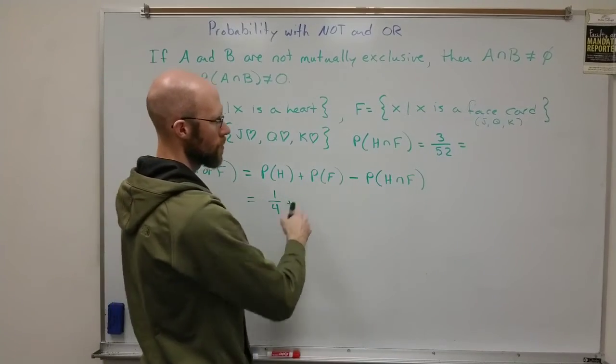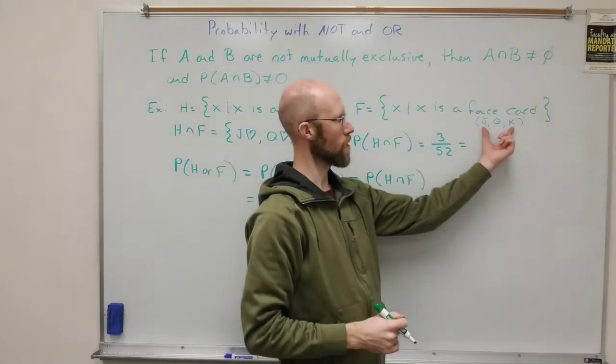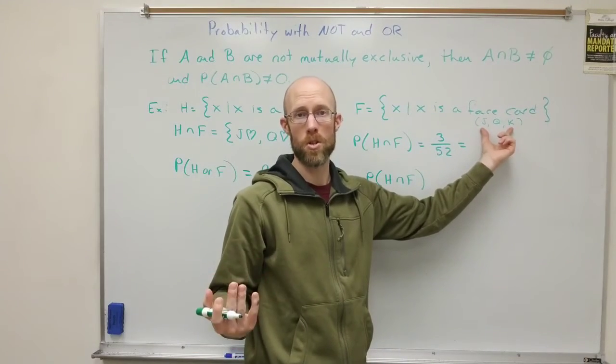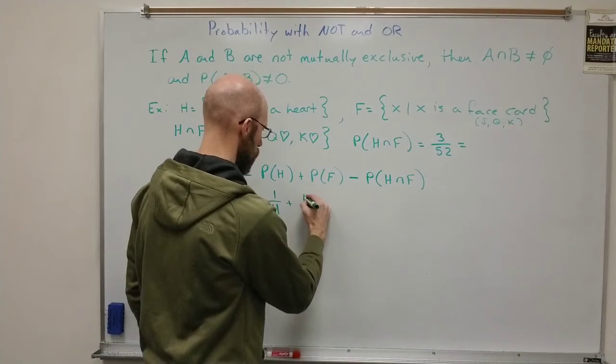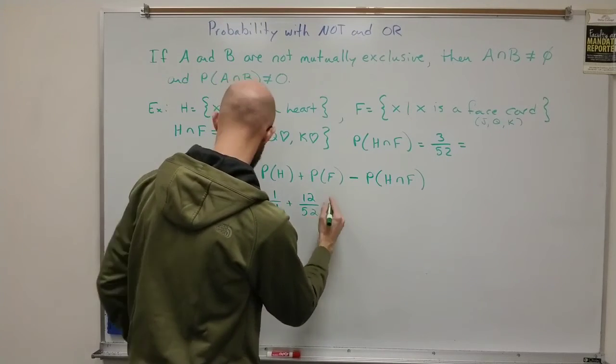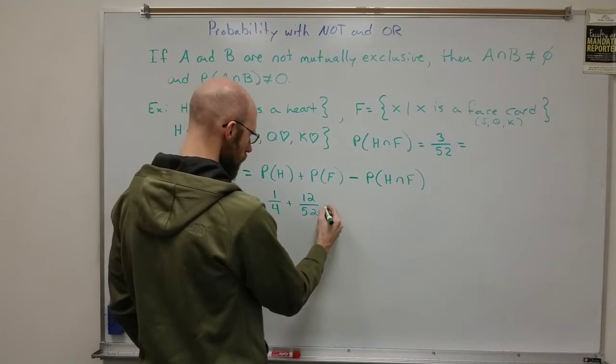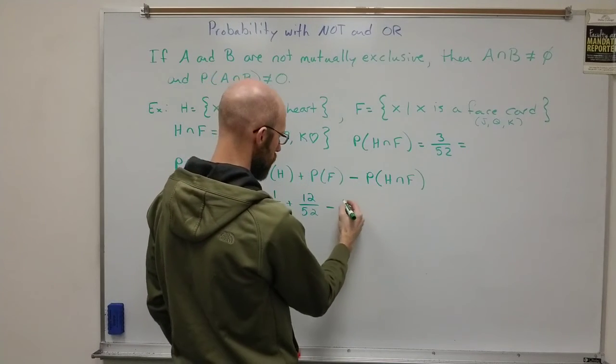The face cards, if you think that one through, there are 3 face cards for each suit. There are 4 suits, so it's 12 face cards. So it's 12 out of 52. And then I have to subtract off the 3 out of 52.